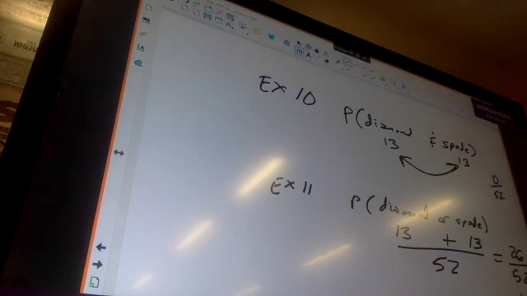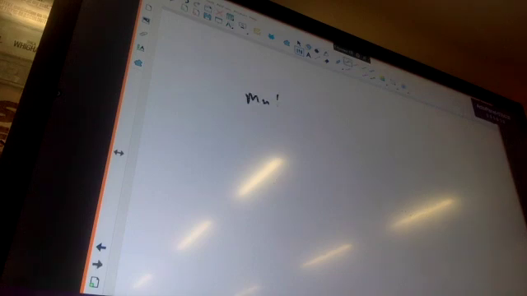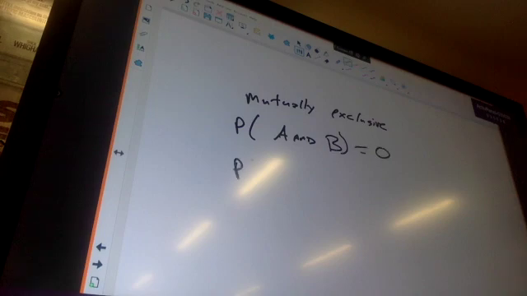So if your 2 events, A and B, are mutually exclusive, the probability of A and B taking place is 0, but the probability of A or B is equal to the probability of A plus the probability of B. So kind of know that when that takes place.